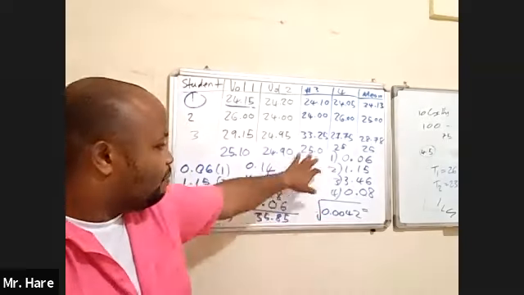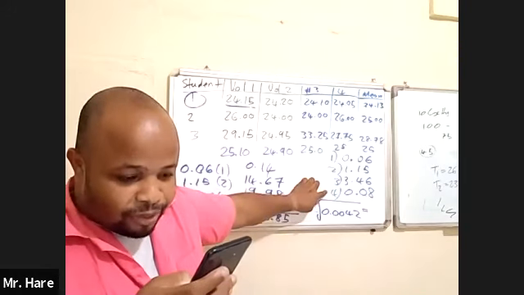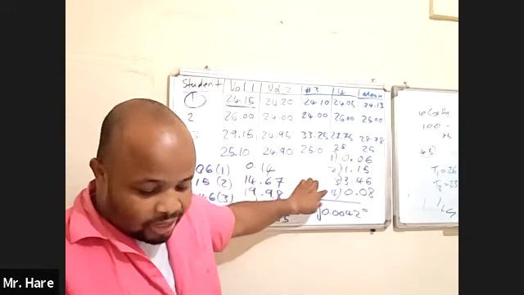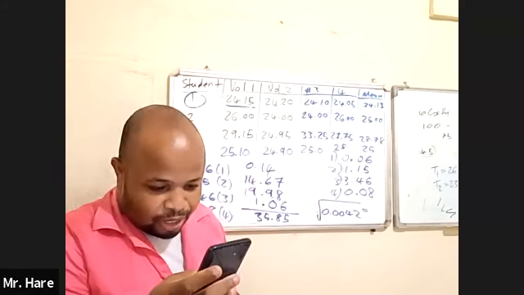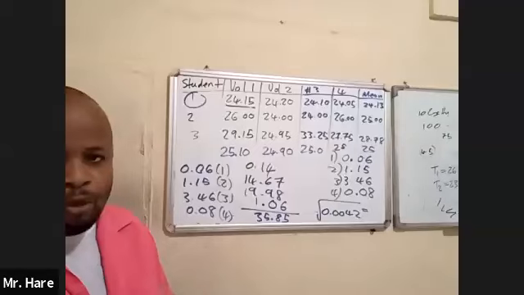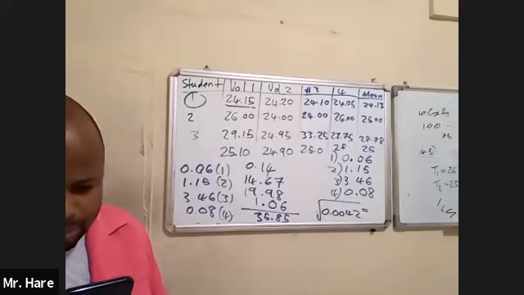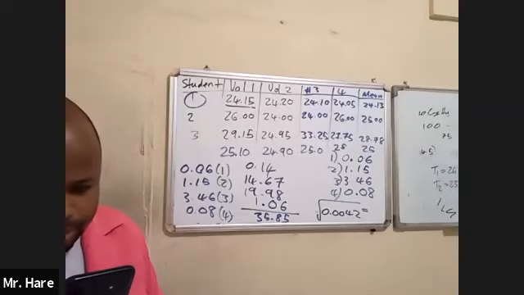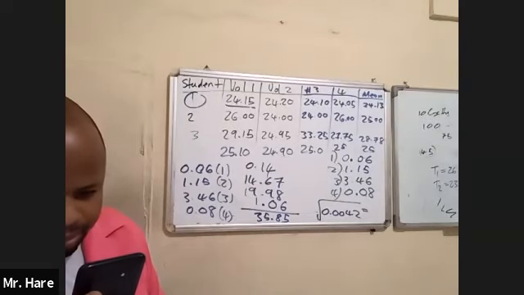After we have calculated our standard deviation, the second part of the question says evaluate the results obtained by each student by commenting on the accuracy and precision of each set of volumes. Yes, go ahead. Sir, I would say that student 4's answer is accurate. Student 1's answer is precise, but student 2 and 3's answers are neither accurate nor precise.